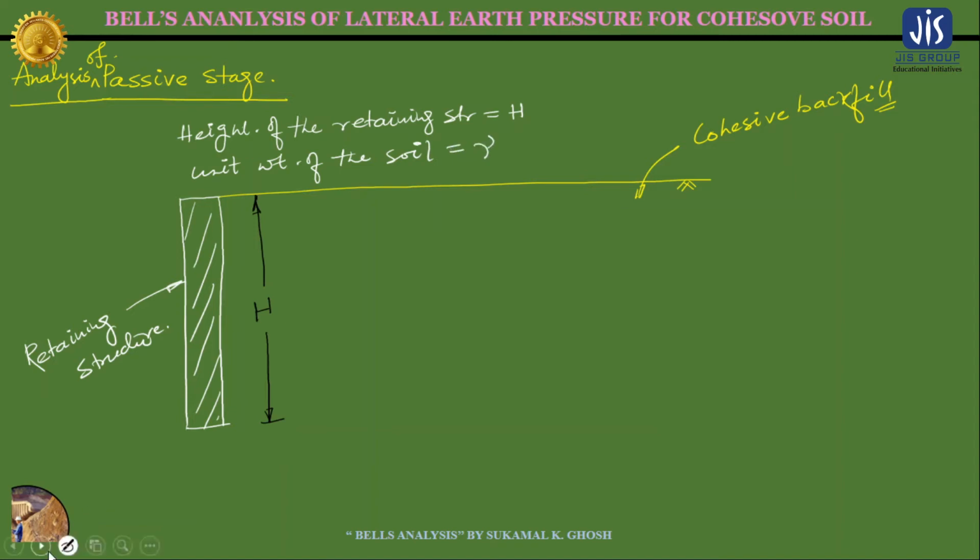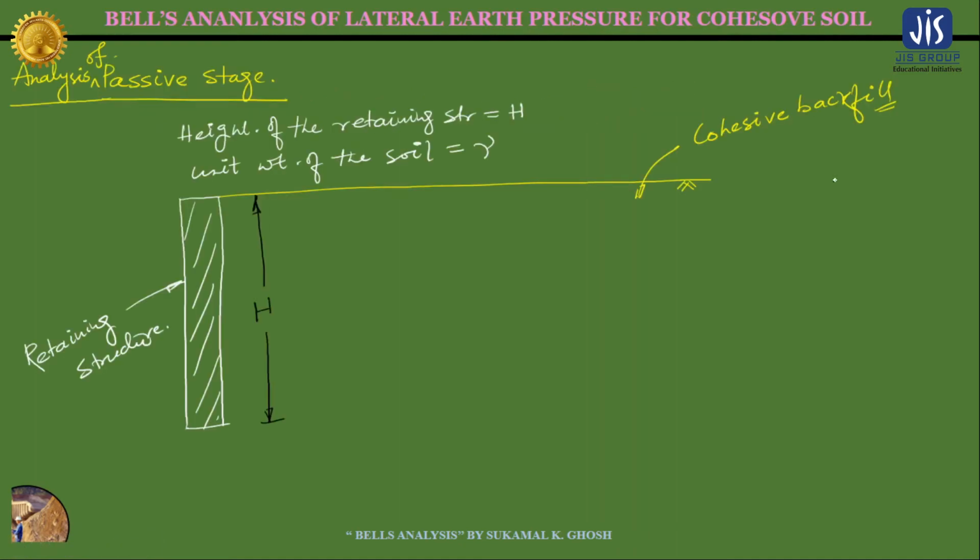Okay, so we know that sigma 1 is equal to sigma 3 tan square (45 degree plus phi by 2) plus 2c tan (45 degree plus phi by 2). Basically this soil is actually a c-phi soil.